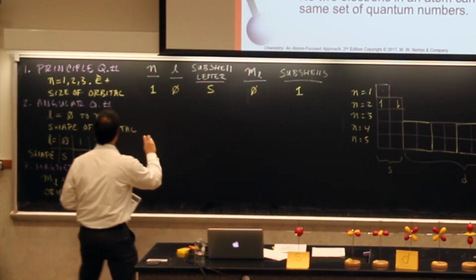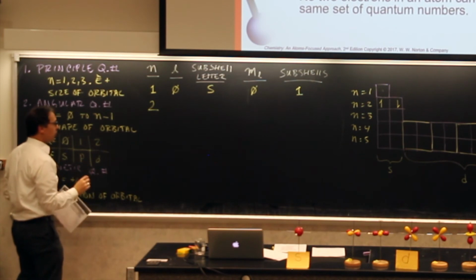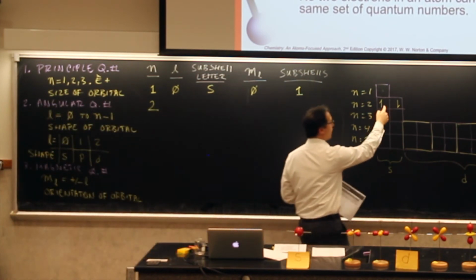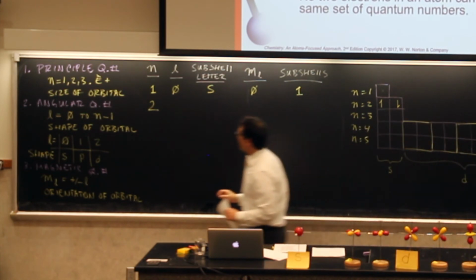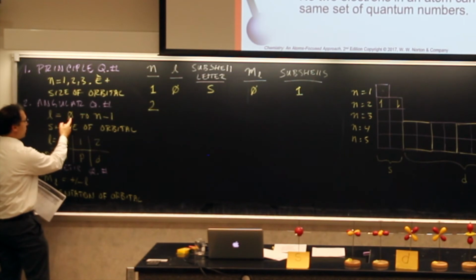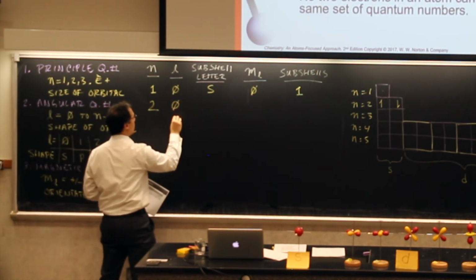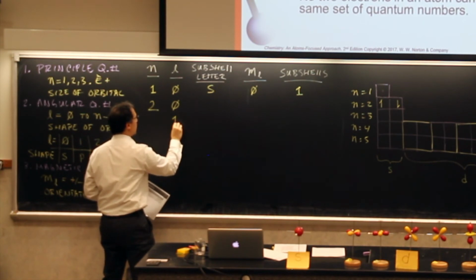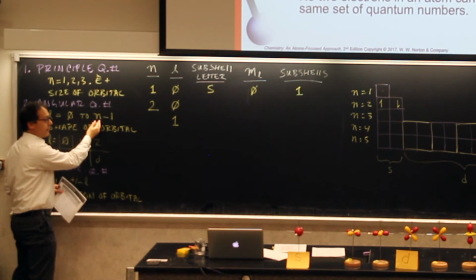So now n is equal to 2. If n is equal to 2, now we're talking second energy level. So we're talking this horizontal row here. If n is equal to 2, then L is equal to 0, but it could also be equal to 1 because it is either 0 or less than n.